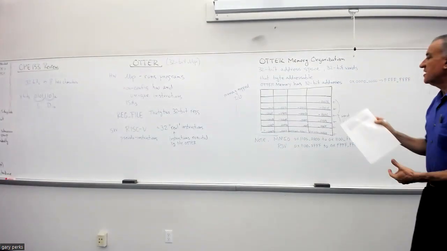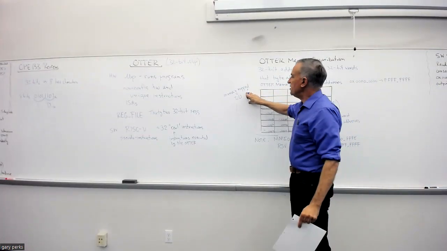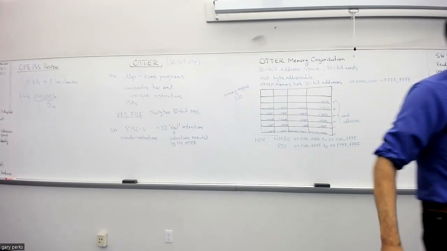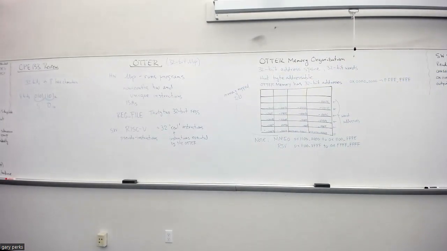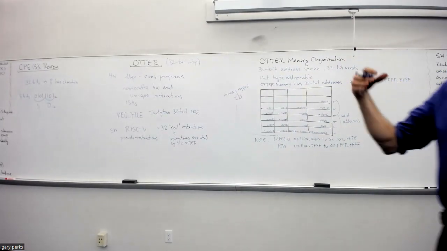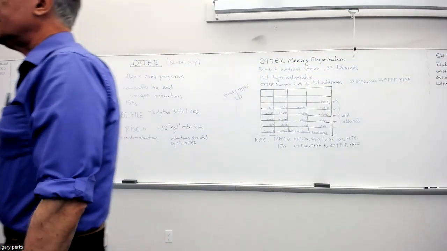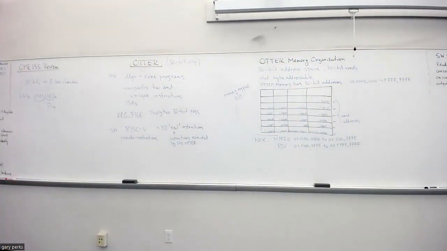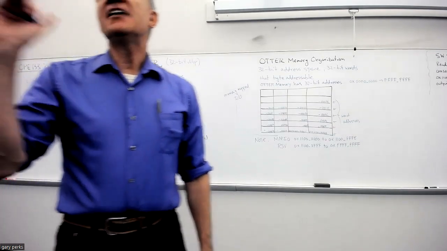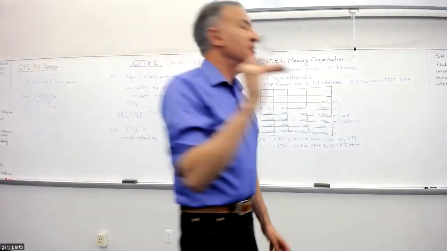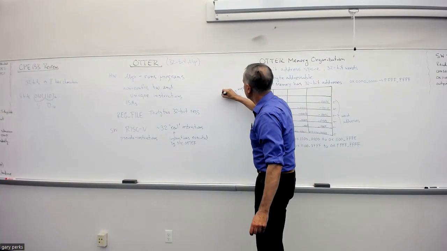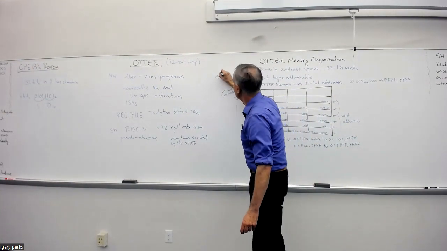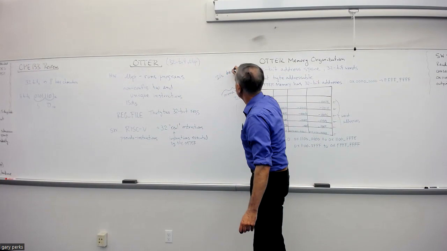Now, what we mean by memory mapped IO is that all input output devices, input devices like switches or buttons on your Basys board, and output devices like LEDs and 7-segment displays, are identified by an address.